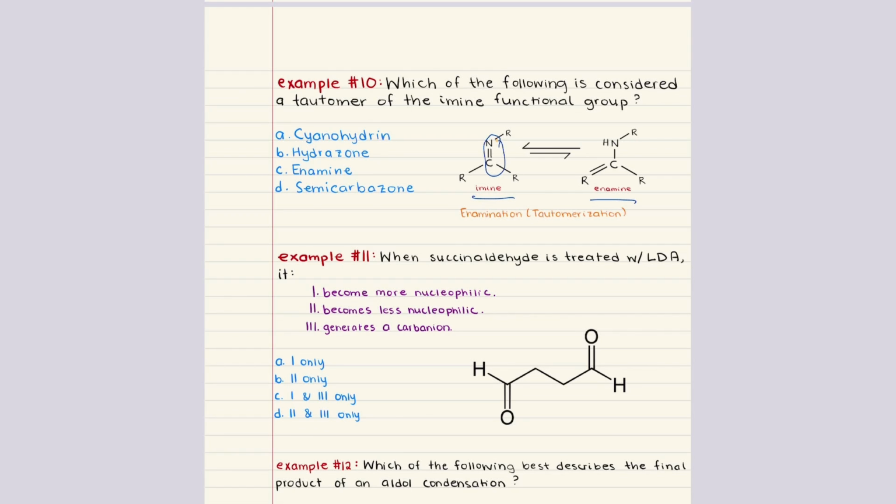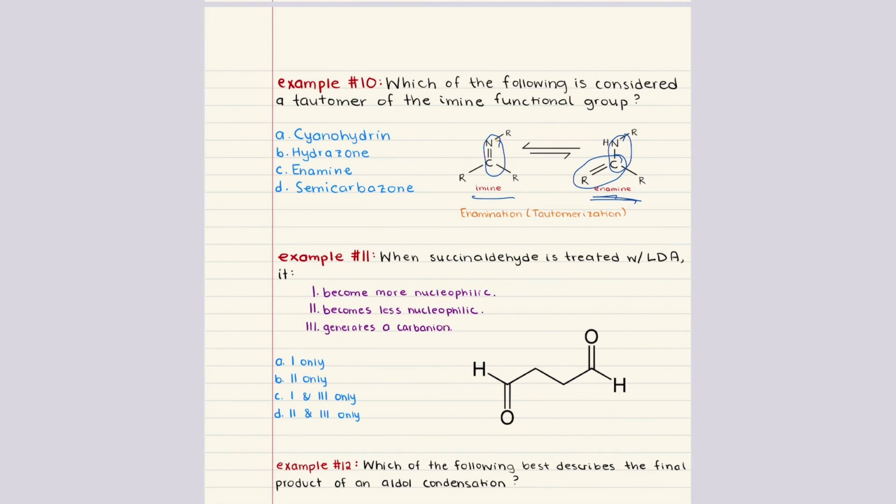In contrast, an enamine has a nitrogen atom that's bonded to a carbon that is also part of a carbon-carbon double bond. Under acidic or basic conditions, an imine can undergo tautomerization to form an enamine.